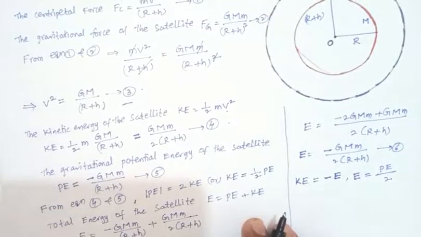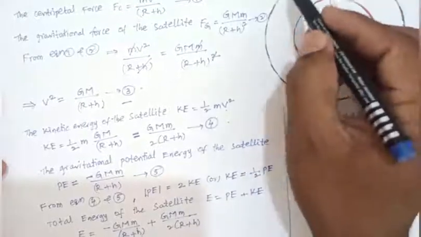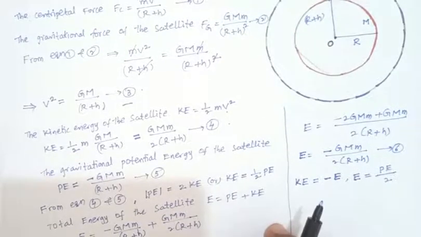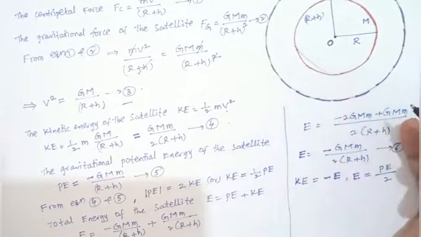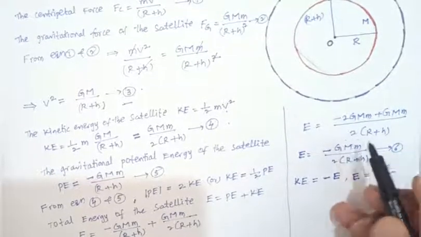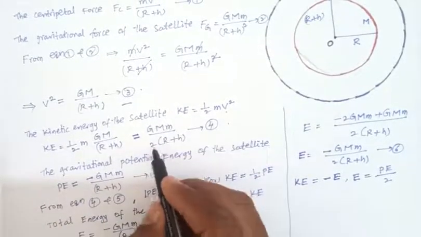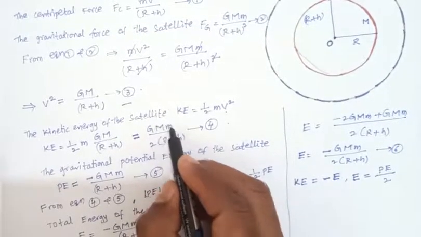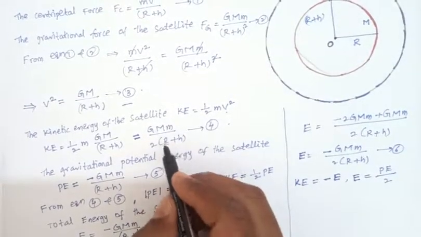Here we consider the orbit to be circular, but when the orbit of the satellite becomes elliptic, both the kinetic energy and potential energy vary from point to point. What is the kinetic energy equation? KE equals GMm by 2 into (R plus H). M and m are constants: the mass of the satellite and the mass of the earth are constant.